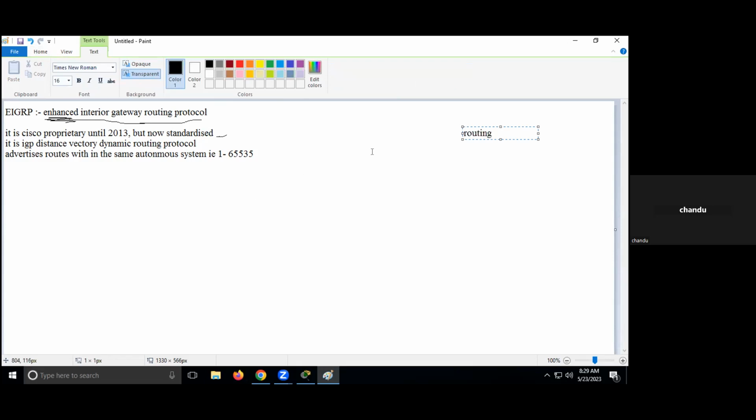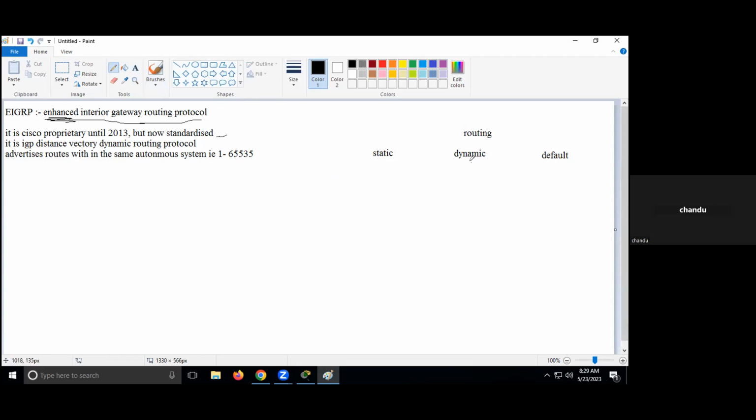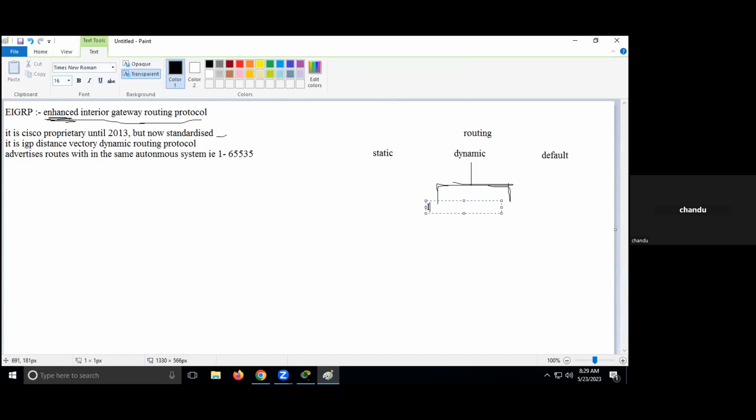You remember the routing? Routing is of three types: static, dynamic, and default. The dynamic routing protocols are divided into two types: IGP and EGP.